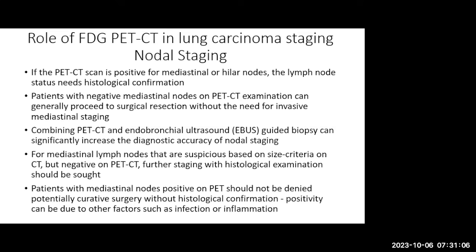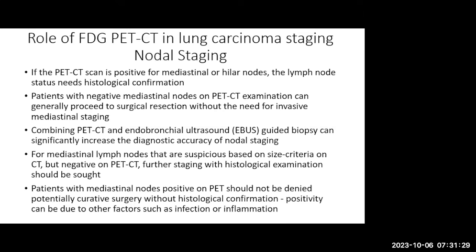And if you combine PET-CT with endobronchial ultrasound guided biopsy, that really can significantly increase the diagnostic accuracy of nodal staging. If you have mediastinal nodes that are suspicious on size criteria on CT, but negative on PET-CT, you also need to do histological examination, right?